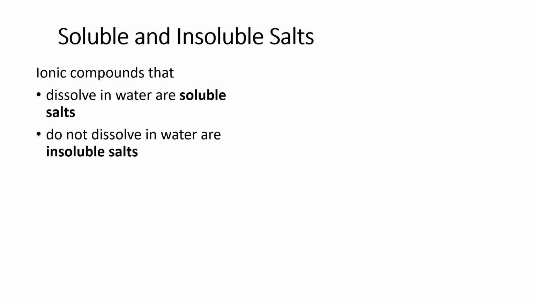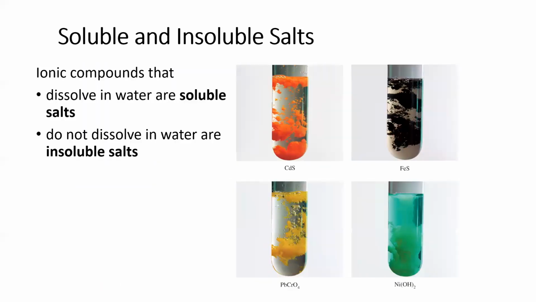The ions don't separate from each other because there's a stronger solute to solute attraction than there is a solute for solvent attraction. Some examples of insoluble salts are cadmium sulfide, iron 2 sulfide, lead 2 chromate, and nickel 2 hydroxide.